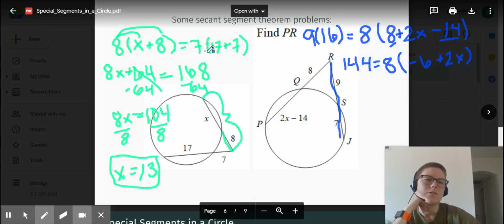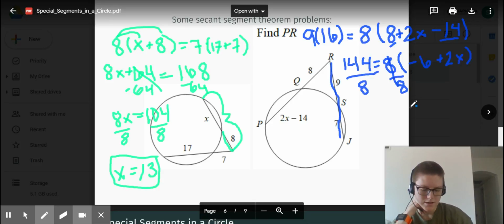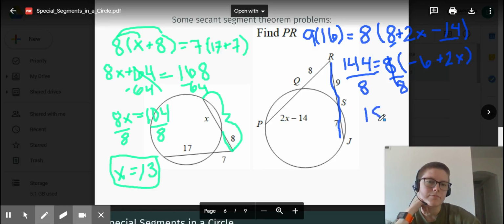Since I distributed over here, let's just divide it out first just to see what that looks like. Right? So that means it goes away. 144 divided by 8 is 18. Equals negative 6 plus 2 times x.